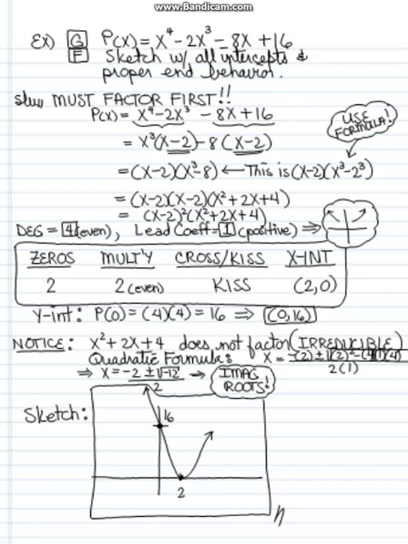So now we'll talk about the irreducible second degree factor x squared plus 2x plus 4. That guy came from the formula, and it does not factor. It's irreducible. So to find out what the roots are there, we would use the quadratic formula. X equals negative b plus or minus the square root of b squared minus 4 times a times c over 2 times a.